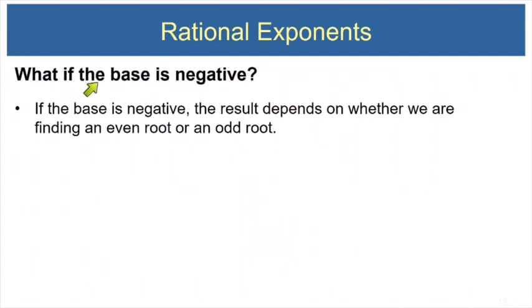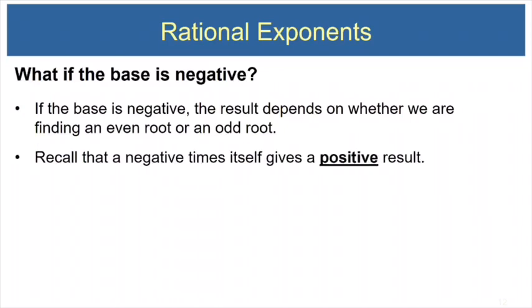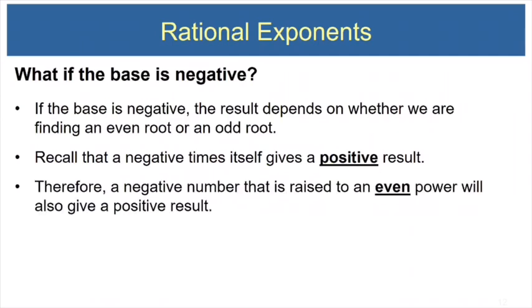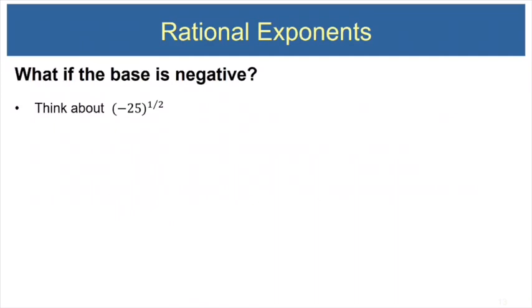Now what if the base is negative? Well, if the base is negative, then the result depends on whether we're finding an even root or an odd root. Remember that a negative times itself gives a positive result. So a negative number that's raised to an even power is also going to give a positive result. So with that in mind, think about the problem negative 25 to the 1/2 power.